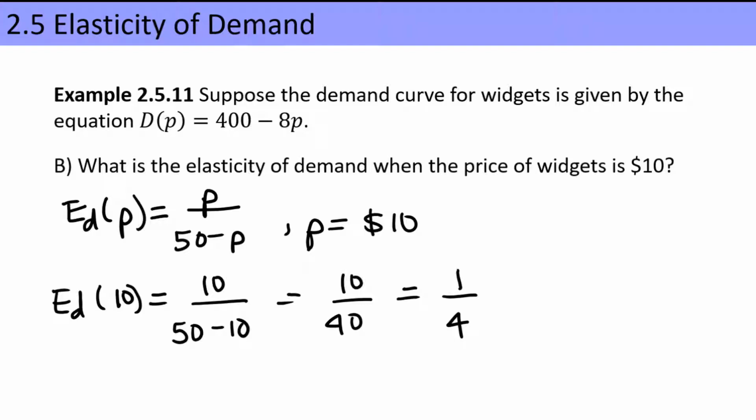Let's recall that if the elasticity of demand is between 0 and 1, we say that the demand is inelastic. Inelastic means a price increase will result in a revenue increase.